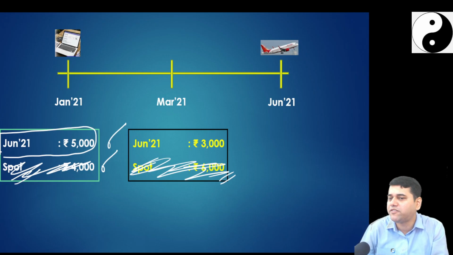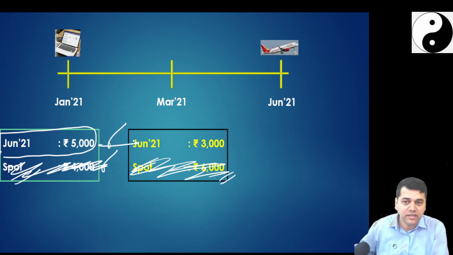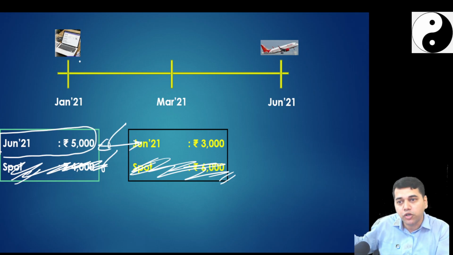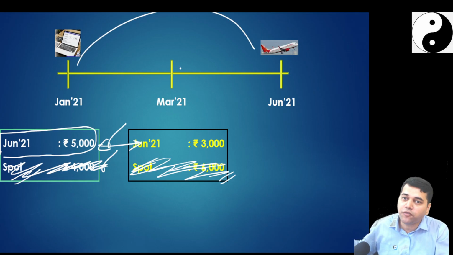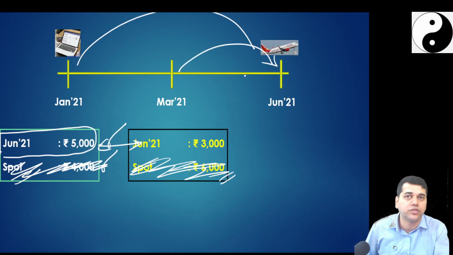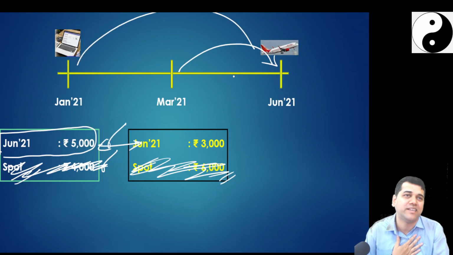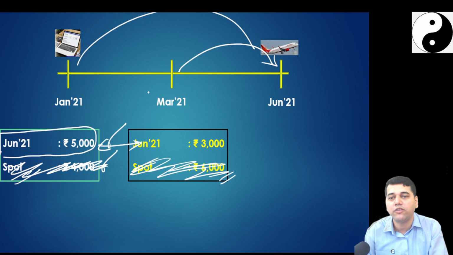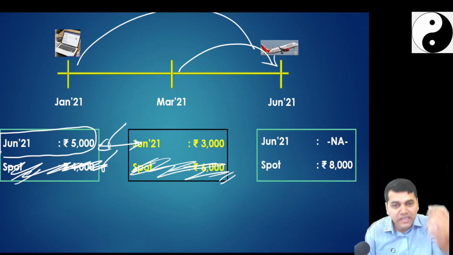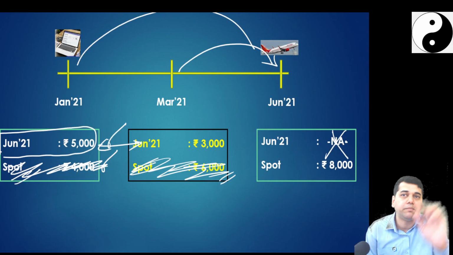For me, the comparison point is, what if I book today for the travel in the future versus what I should book here for the travel in the future? You just curse yourself. I should have waited. I did it in a hurry. Just 2-3 months, if I had waited, I could have saved 2,000 rupees per ticket.